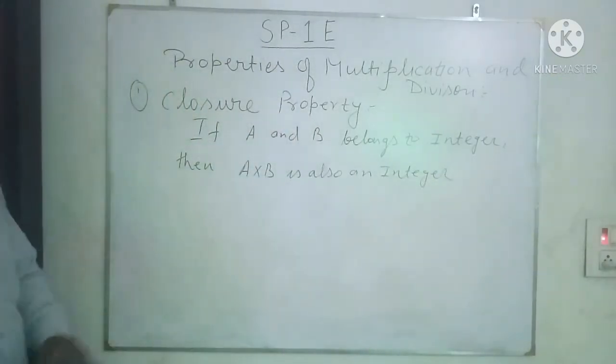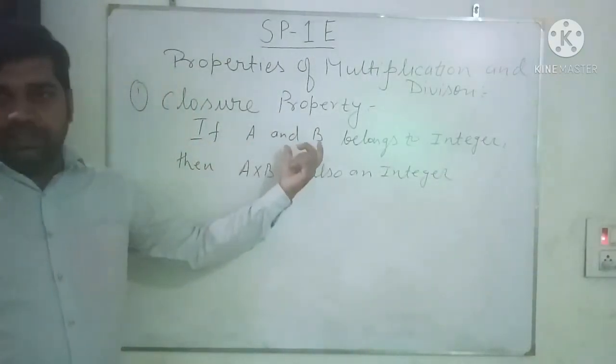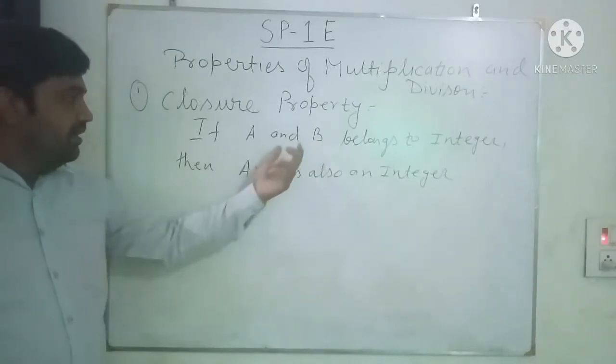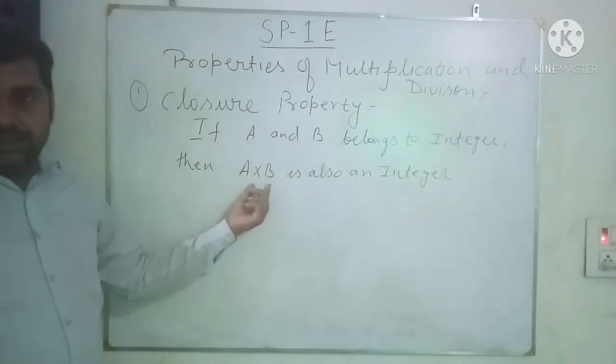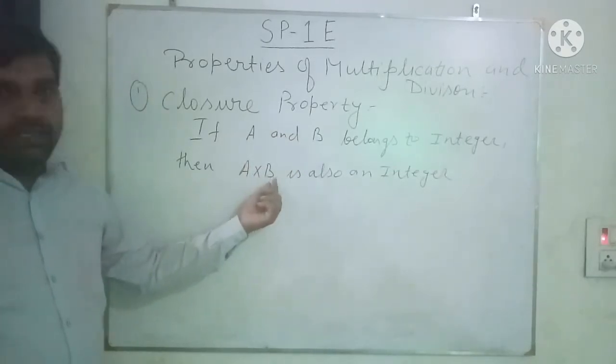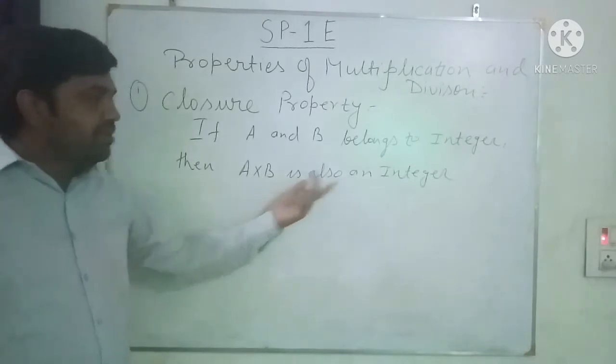So suppose a and b are two integers, such that if you multiply them, the multiplication of a and b gives the product a into b, so the product of a and b is also an integer.